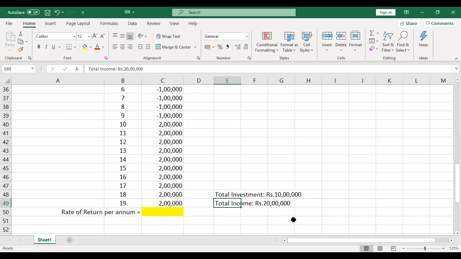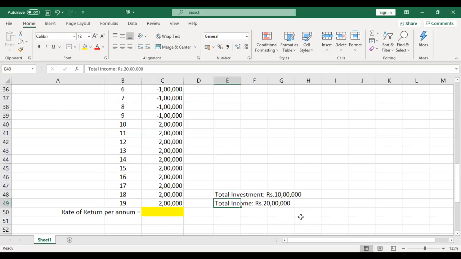Therefore, your total income from this is 20 lakhs, which is 2 lakh into 10. So they say it is doubling of your money, it is 100% return. Of course, no company in the literature talks about this 100% or doubling, but the representatives come and fool people.